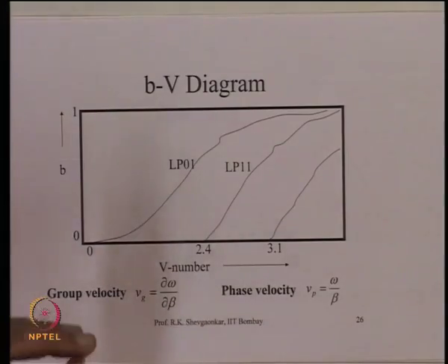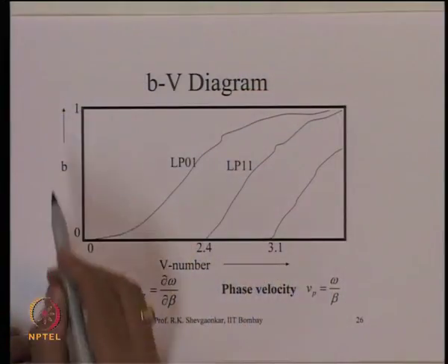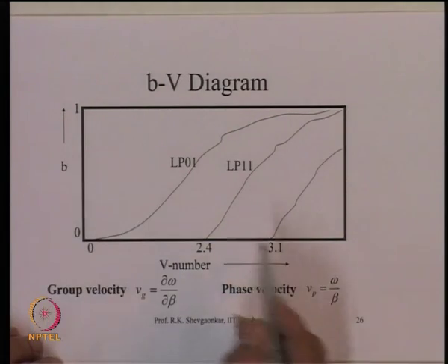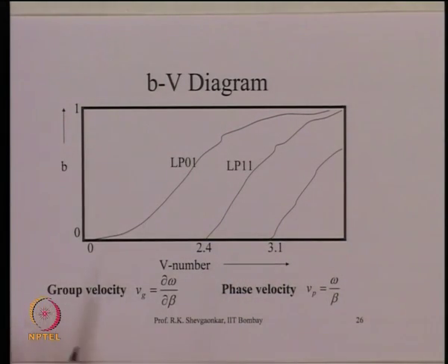So, now for a weakly guiding approximation, this is the diagram, because it gives you a relationship between the propagation constant beta and the frequency omega. And once we get these quantities here, essentially then we can find out the quantity which is d omega by d beta, which gives you the group velocity, and the phase velocity which is omega by beta.